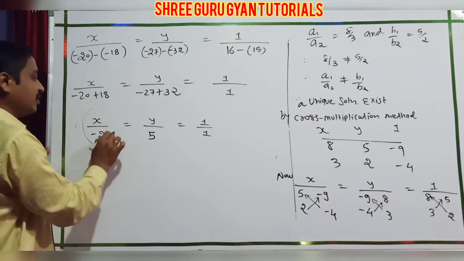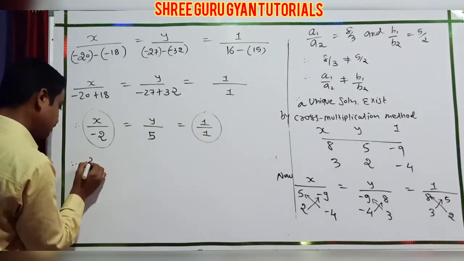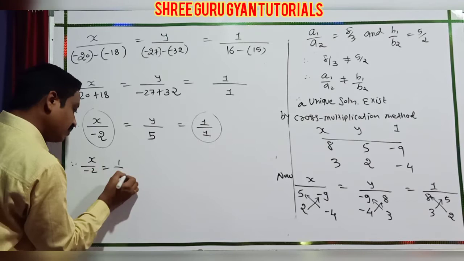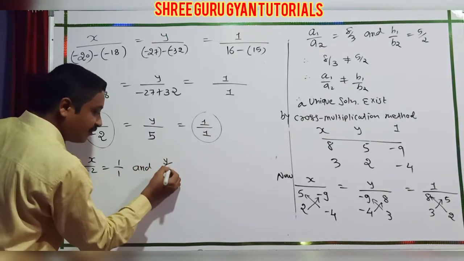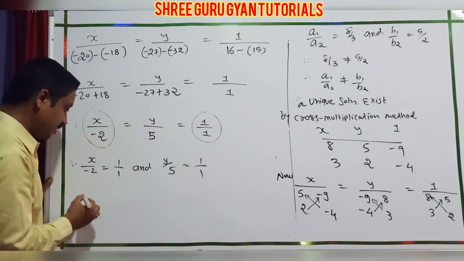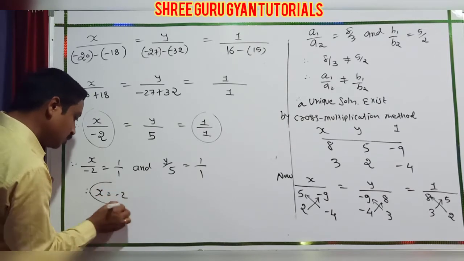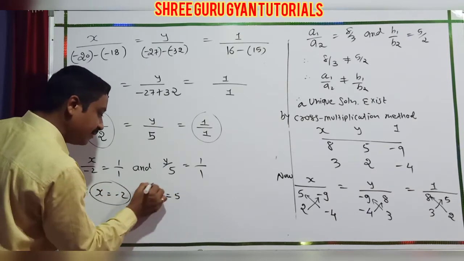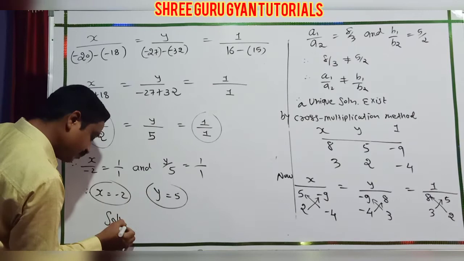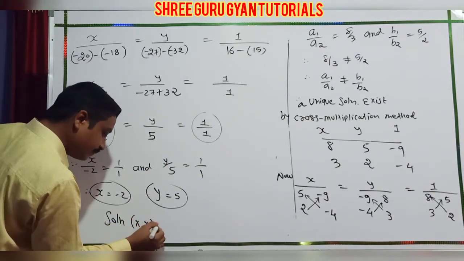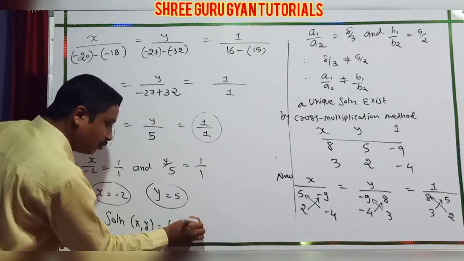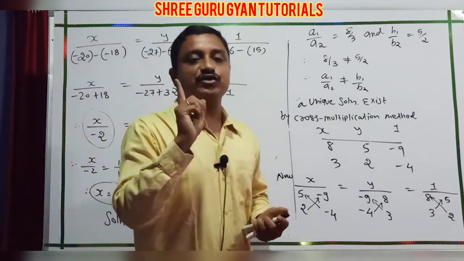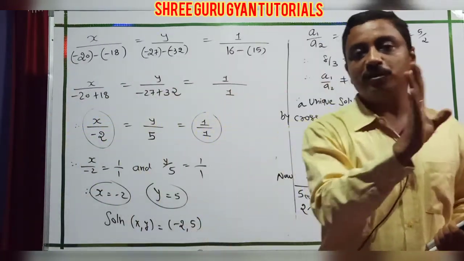So you compare first with last. So x by minus 2, students, is 1 by 1, and y by 5 is also 1 by 1. It means x is equal to minus 2 and y is equal to 5. So my solution is the same by both methods. Students, you can check both the substitution method and the cross multiplication method.